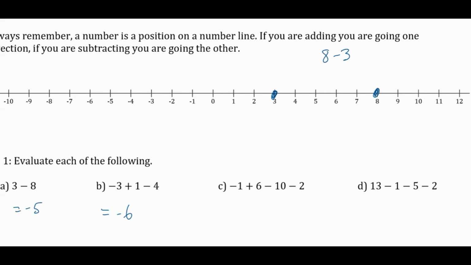Like if you do 50 minus 47, what's 50 minus 47? 3. But you didn't count down 47, did you? You just thought there's 3 between them. So you're looking at, here's the 8, here's the 3, and there's 5 between them. So 8 minus 3 is 5.